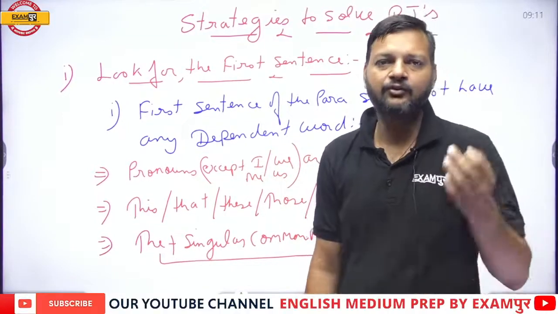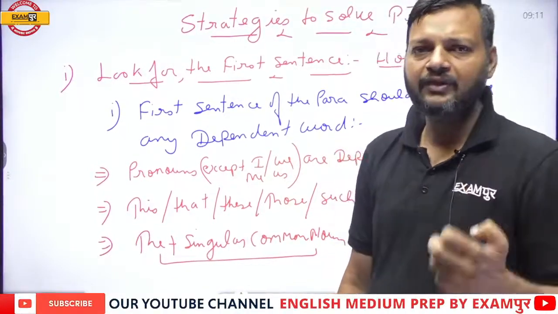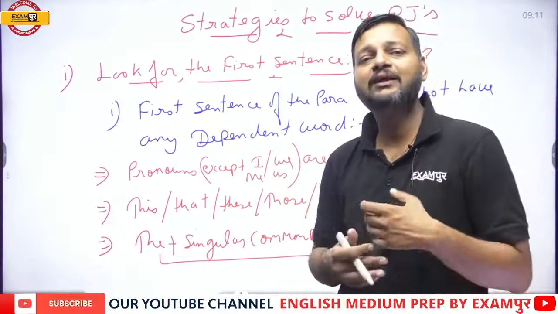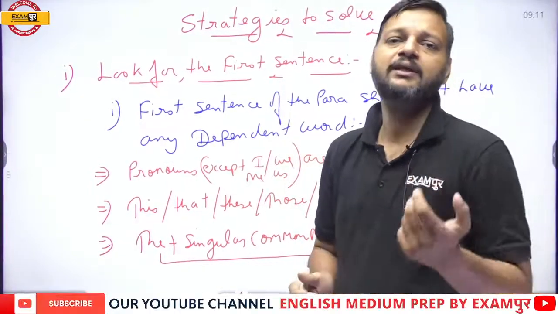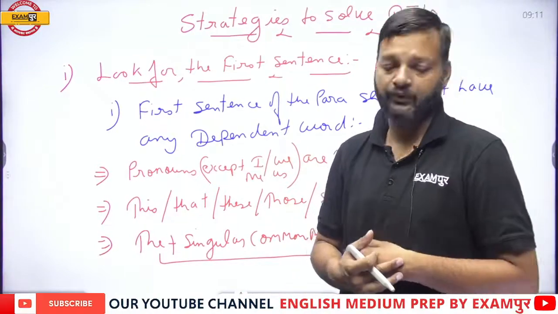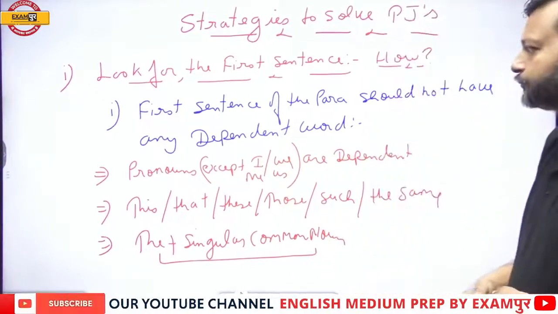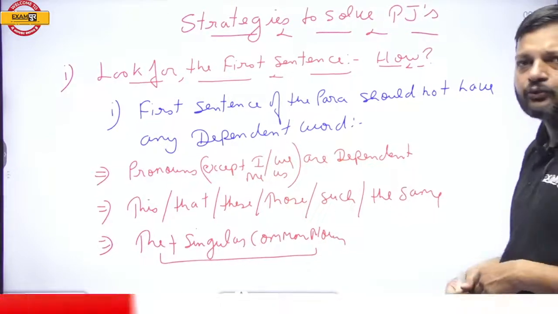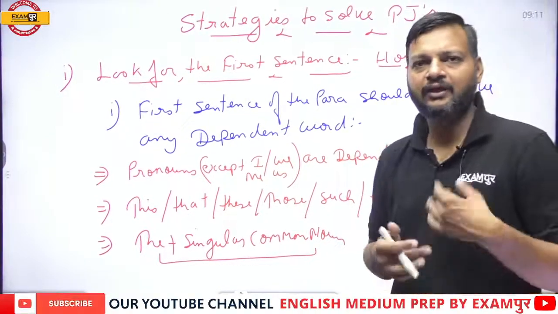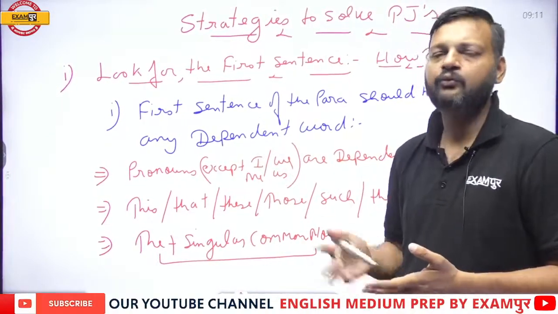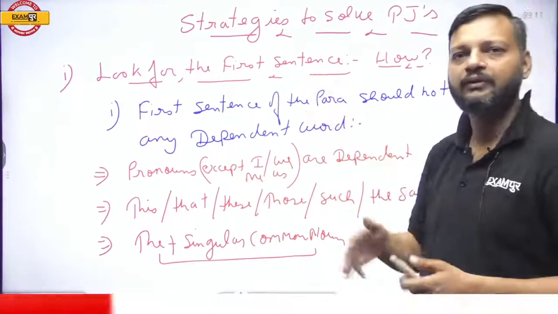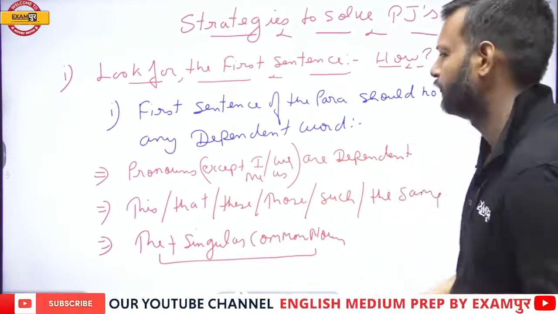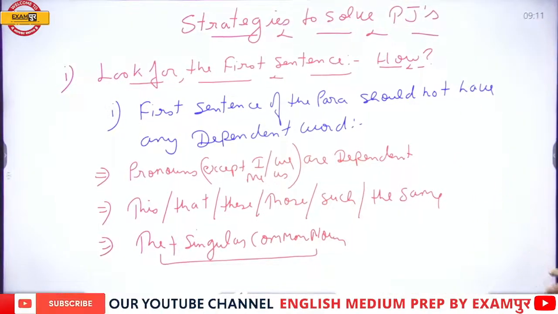And once you find the first sentence, it will become very easy for you to arrange the sentences by eliminating the given options. Okay. Now, I will not tell you the second rule right now. First we will solve some parajumbles based on this rule. Okay. So look for the first sentence.